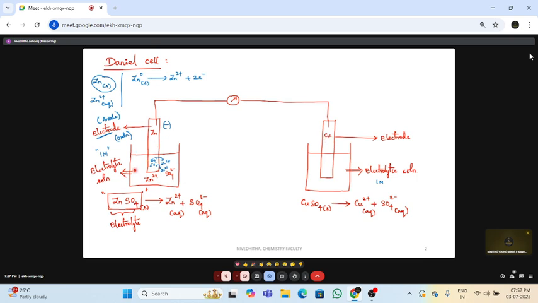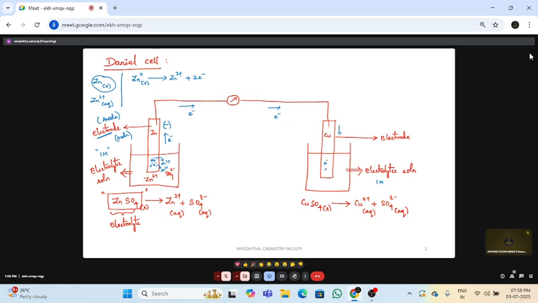This is the direction of electron flow. As we know, this is the conducting wire, so obviously electrons can move from zinc to copper rod.